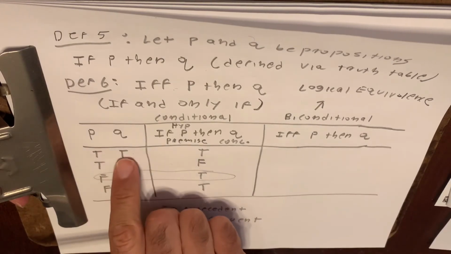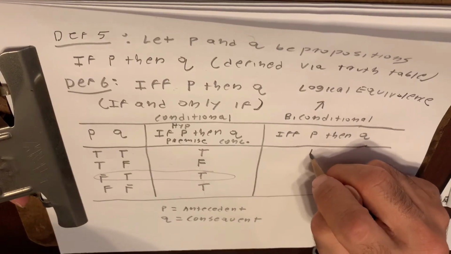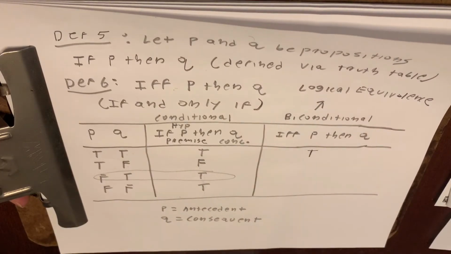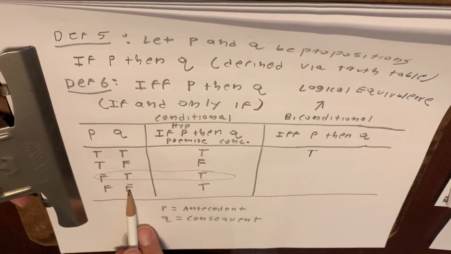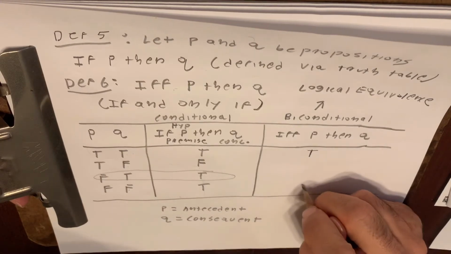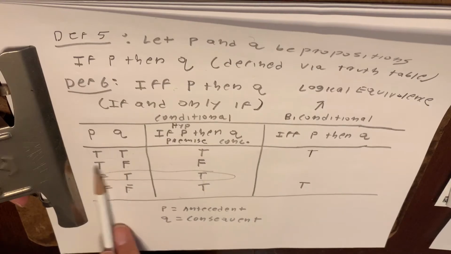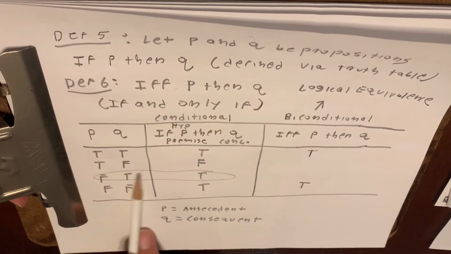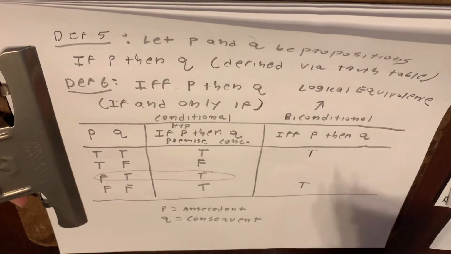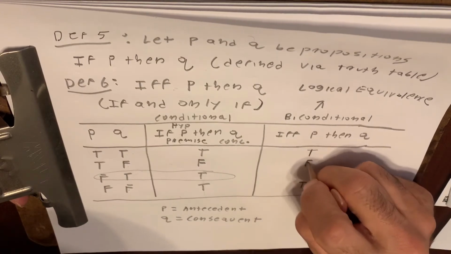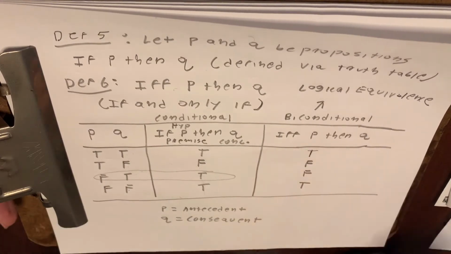So true and true, same truth value, we have a value of true. False, false, same truth value, we actually have a value of true. But when the truth values are different between P and Q, this if and only if returns a value of false.